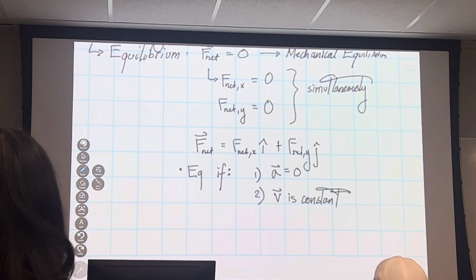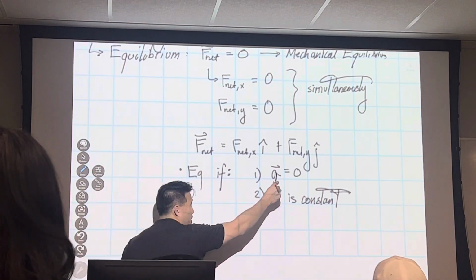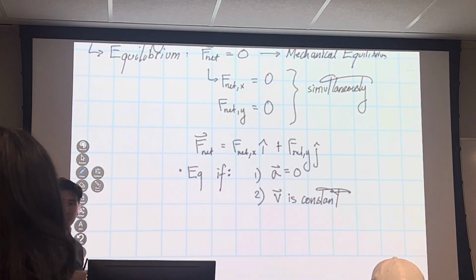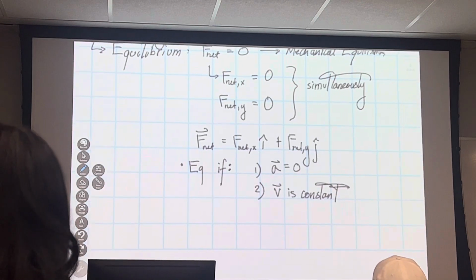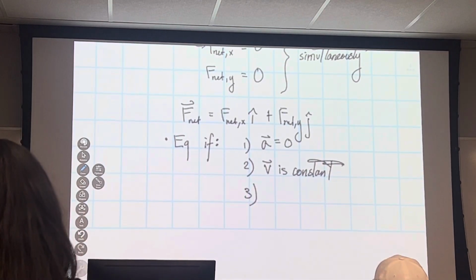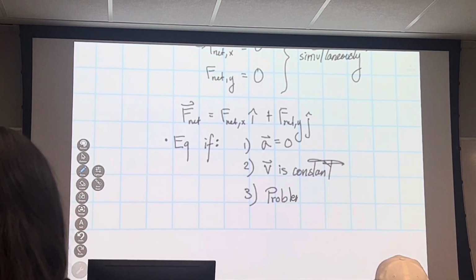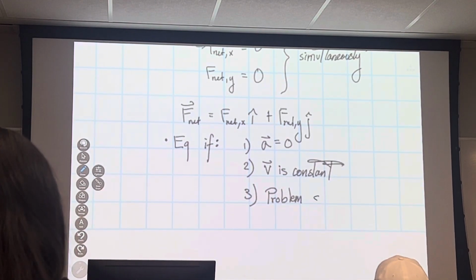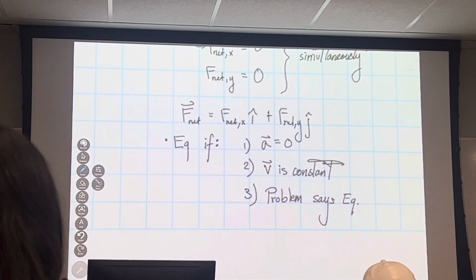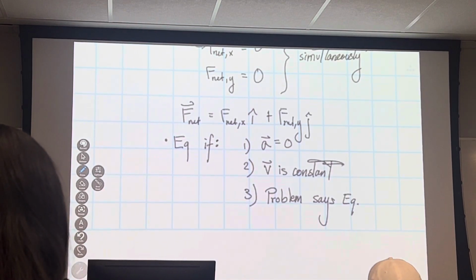They don't take an equal number of logical steps though. So if you're given in the problem either one of these scenarios, you immediately know that it's in equilibrium. And of course, lastly, it's in equilibrium if the problem simply says so. Those are some of the key indications for knowing what the net force is going to be.